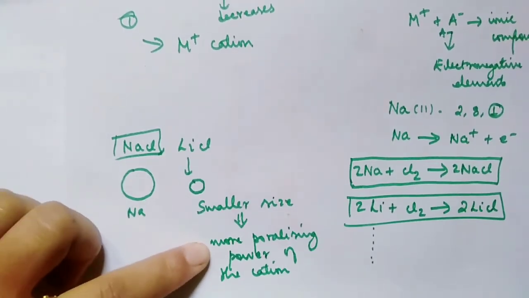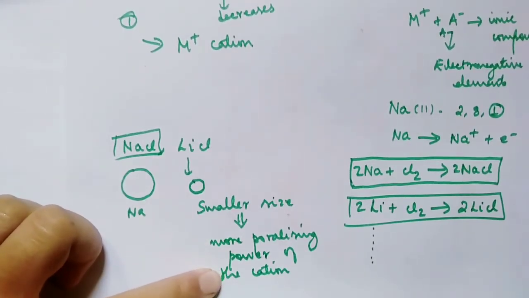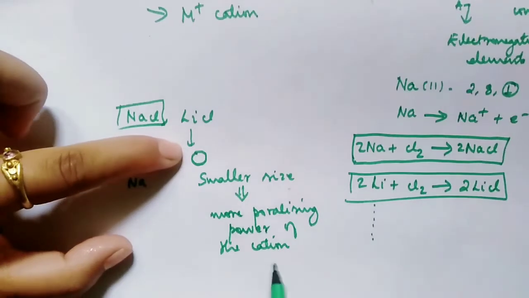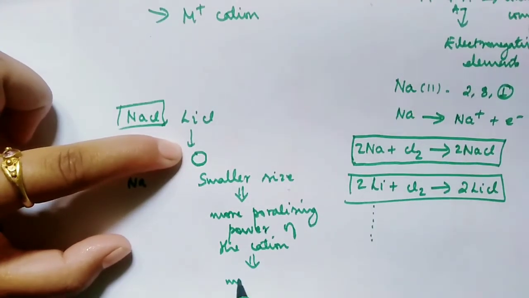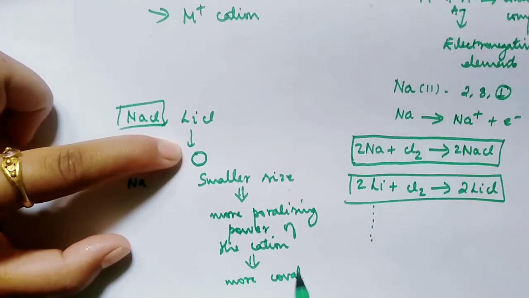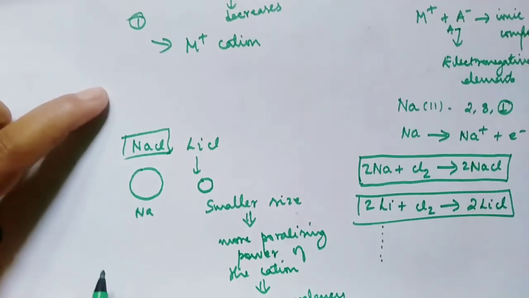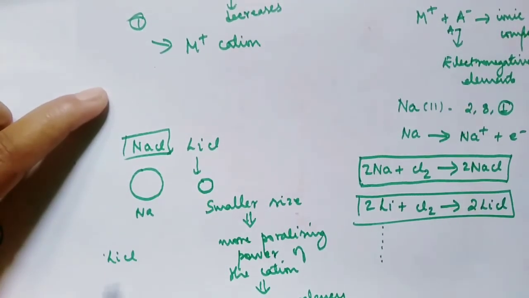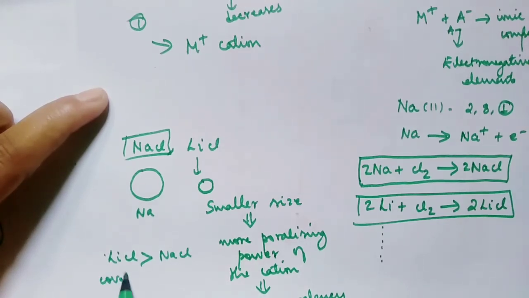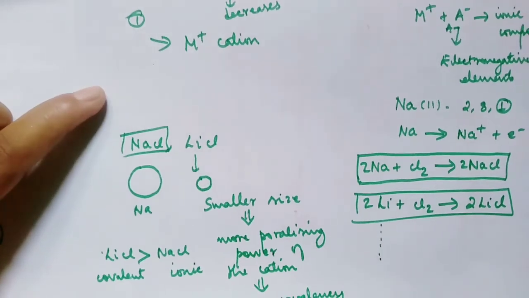Hence, more the polarizing power of the cation, more is the covalency. That is, lithium chloride is more covalent than sodium chloride, and sodium chloride is more ionic than lithium chloride.